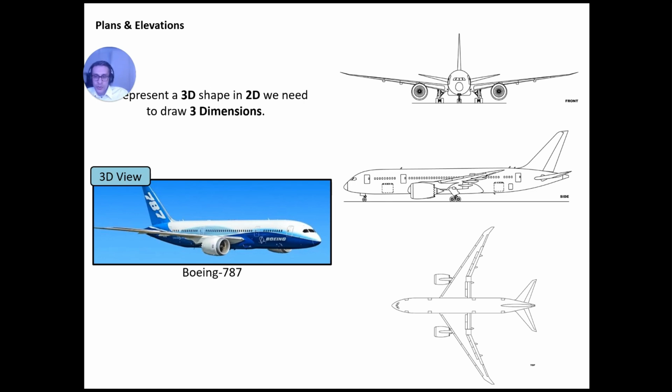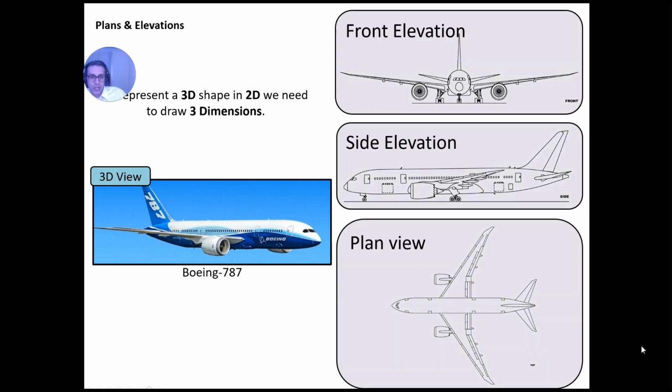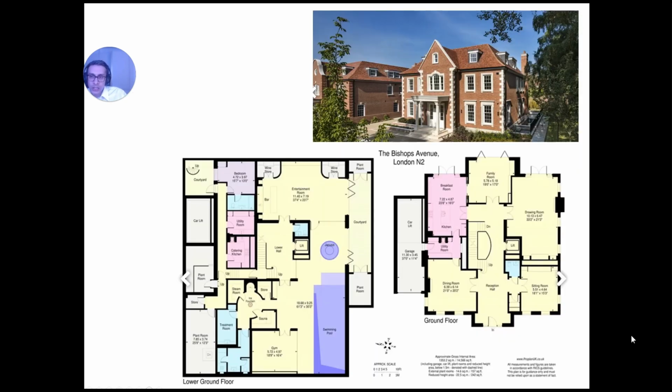Another practical example is aeroplanes. So you can see you might use these types of drawings when you're designing an aeroplane manufacturing. So you can see the plan views from above, and then you've got a side elevation, front elevation. All of these give you a lot of specific detail. So examples of houses.